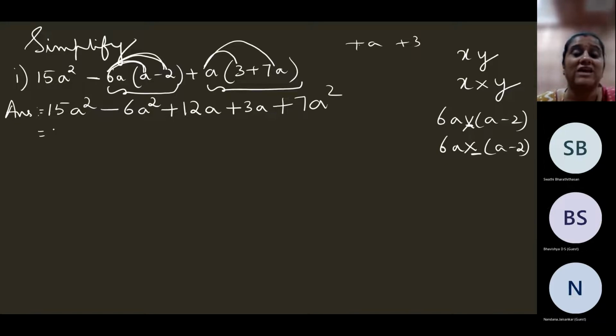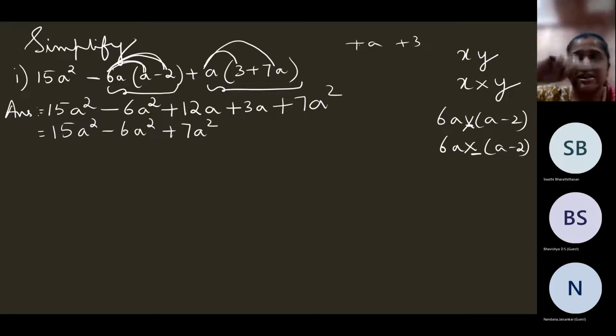The next step is to gather the like terms. So 15a square minus 6a square plus 7a square. Remember one thing. This is an expression. You are not transposing. You are not taking any term to the other side. There is no other side at all. It's an expression, not an equation. If it's an equation, there are two sides, and if you take a term from one side to the other, it will go with the opposite sign, or go for division or multiplication.